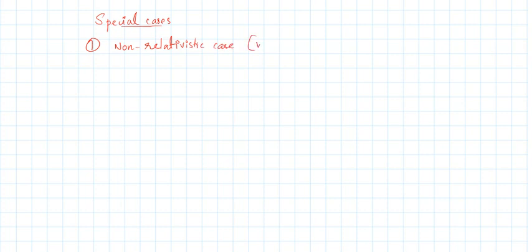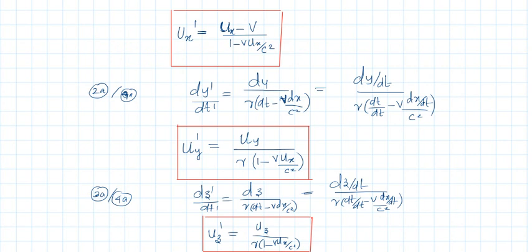That is, the relative velocity of the frame is very much less than the velocity of light. v is much less than c, that is, v by c square is nearly 0. Then what are these equations? Let me call them 5, 6 and 7.